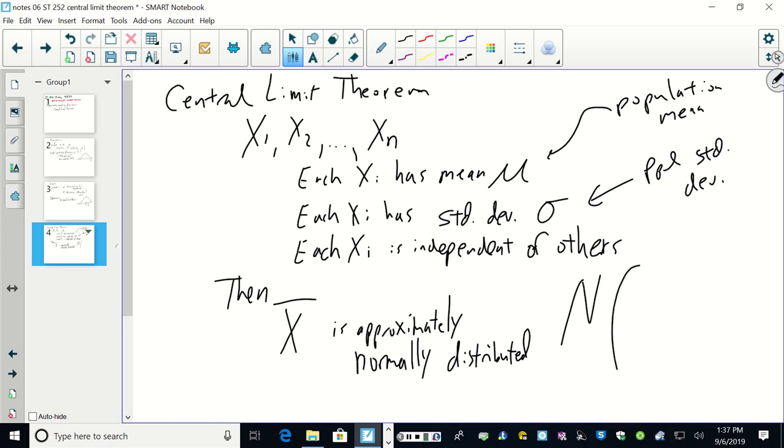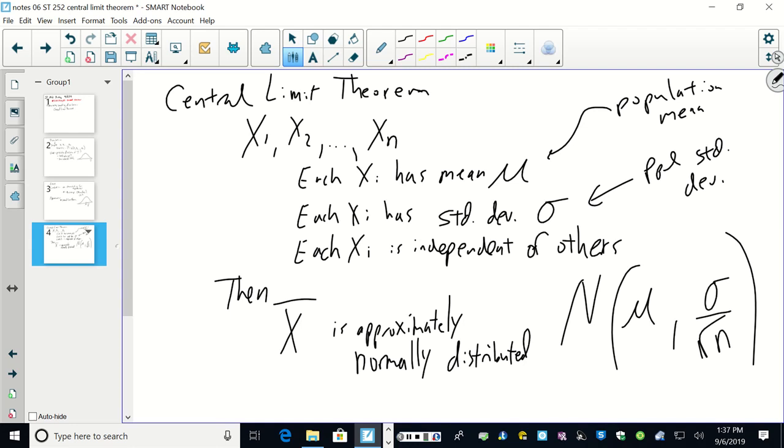It has mean mu, that's the average, and its standard deviation is sigma over the square root of n. So whatever each xi had, each individual value had sigma, the x bars have less variability because the highs and lows cancel out. And so this would mean that it's normally distributed with this mean and standard deviation.